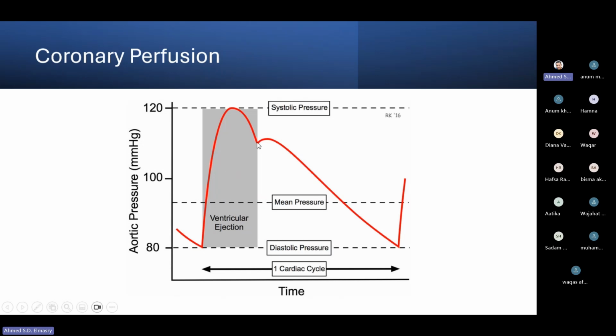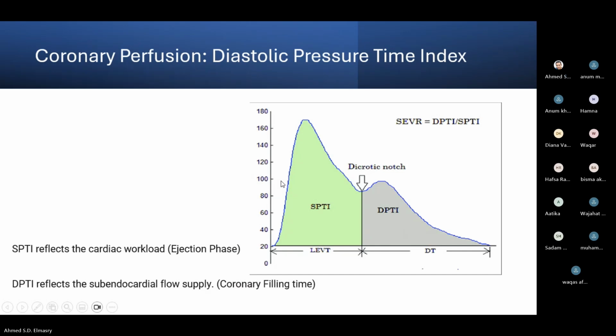After the dicrotic notch is the area under the diastolic curve, which is happening during the diastole, and this area is mainly a surrogate of the coronary perfusion.